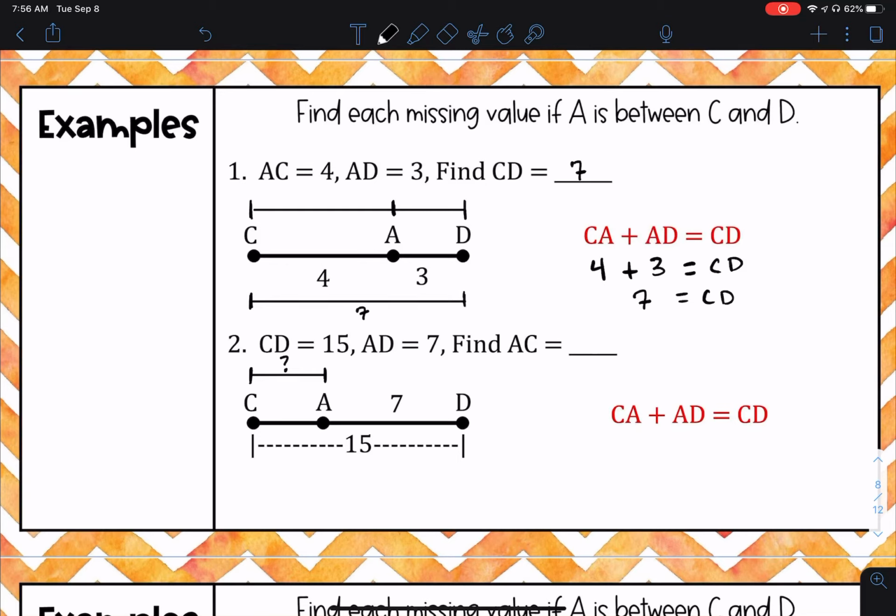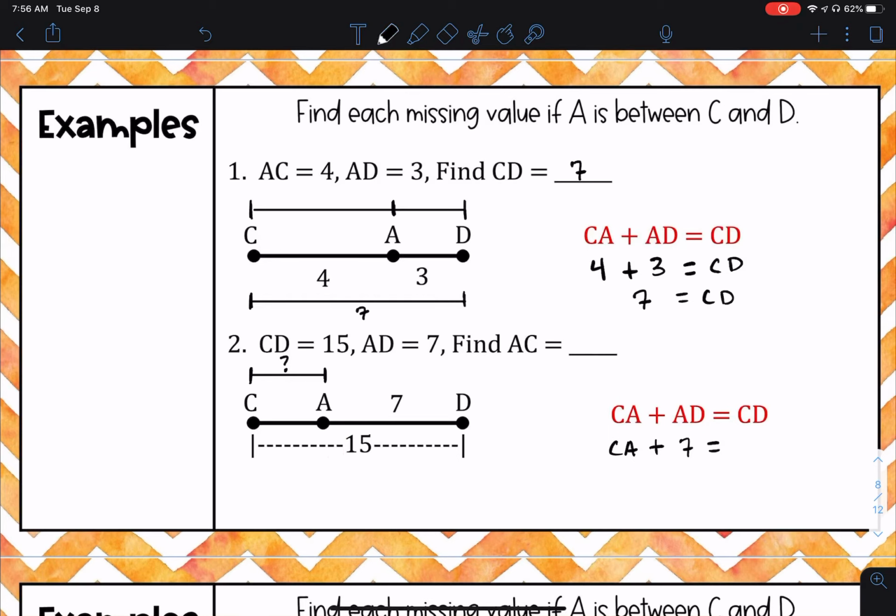We know that CA is unknown, so we just leave it as CA. We know that A to D is 7, so I can plug in 7. And then I know that C to D, the total distance, is 15.